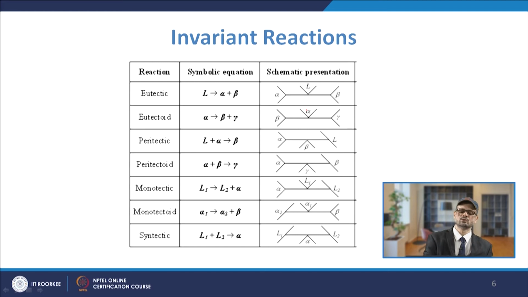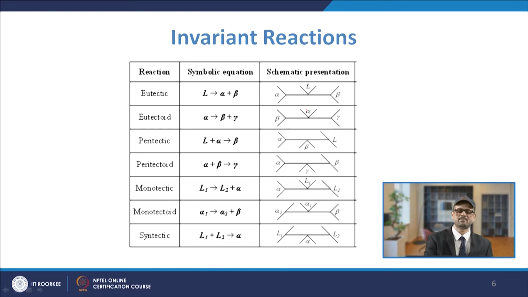This happens in the iron carbon system also, where the austenite while cooling will lead to ferrite plus cementite. So, that is how the eutectoid reaction takes place.